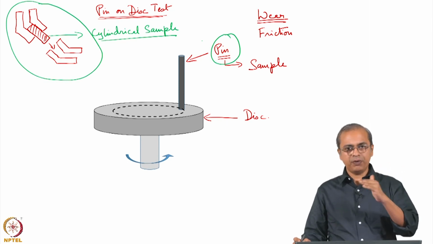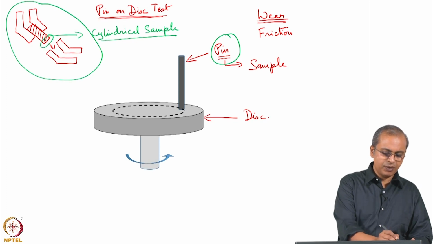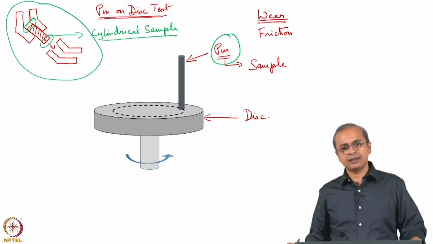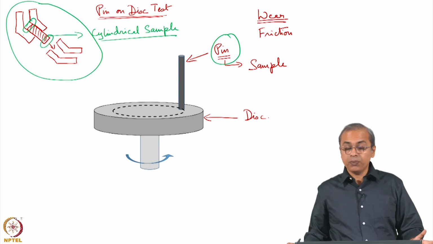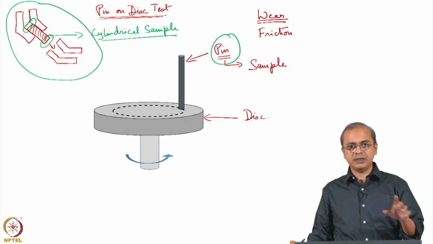At most, you may have to chop off the two ends a little bit, because usually the end will not look like a perfect cylinder's end. You may not have a perfectly flat surface there, very likely because of all this twisting that you are doing.